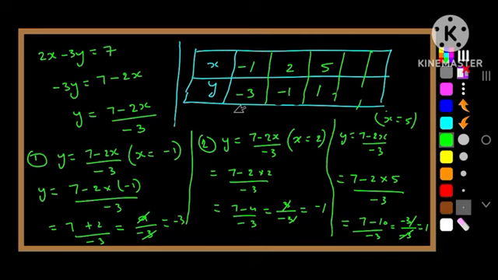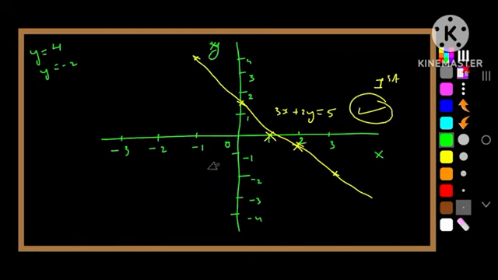Now you have to plot these values and you will get the second graphical line. So the values which you got for the second line: x is minus 1, we are getting minus 3. So this is our value. For 2 we are getting minus 1.